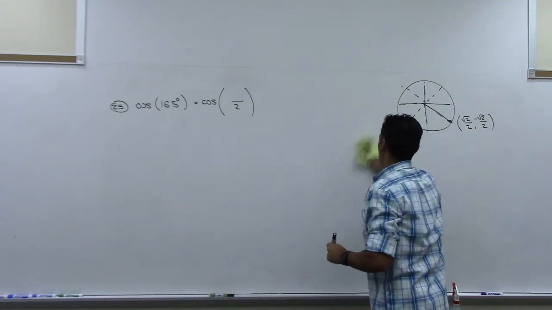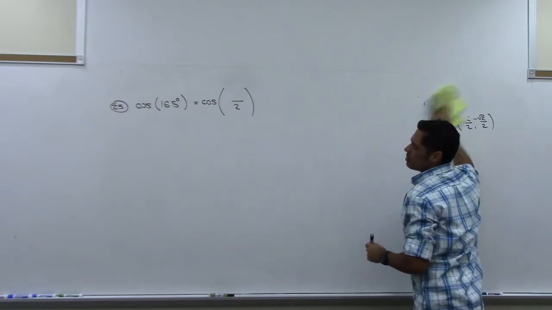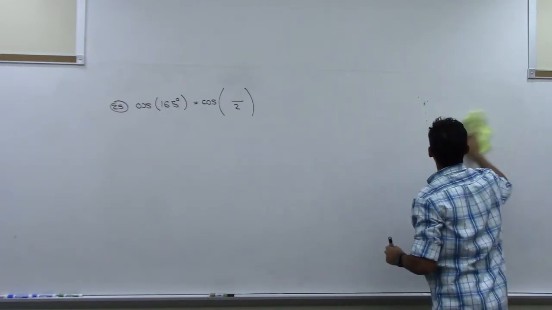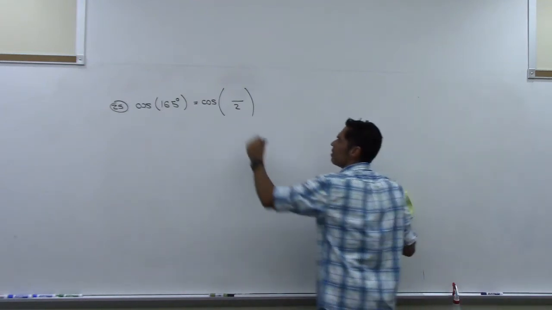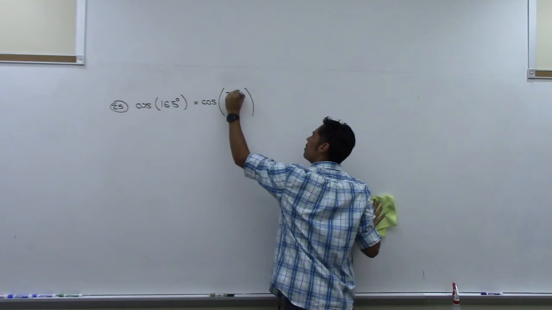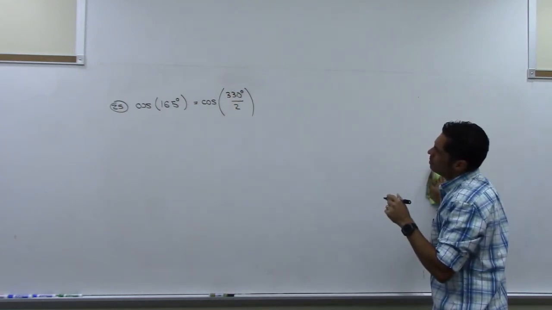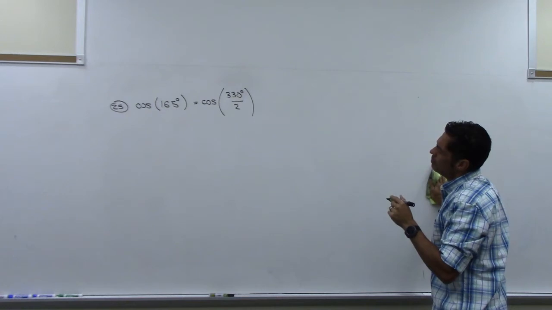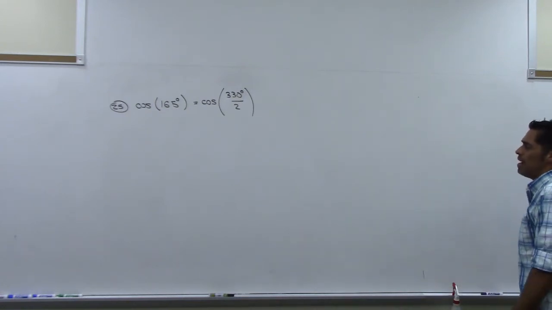This should be a common angle. 330. Is that right? 330. 330 degrees divided by 2 goes in there 165. Yes. Okay, so that's the same as that.